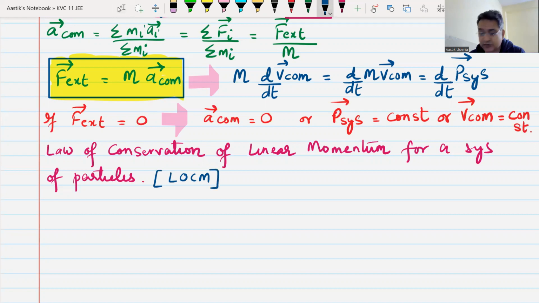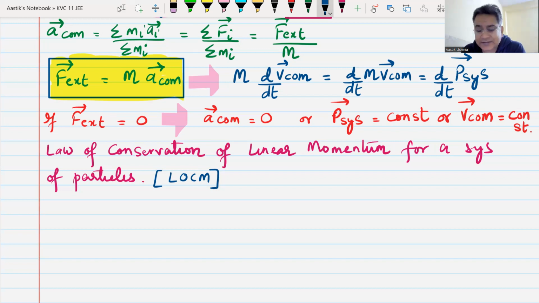So what does law of conservation of momentum state? It says that if the net external force acting on a system is zero, the momentum of the system remains constant. Okay. Now, there can be different cases where we are going to apply this law of conservation of momentum.